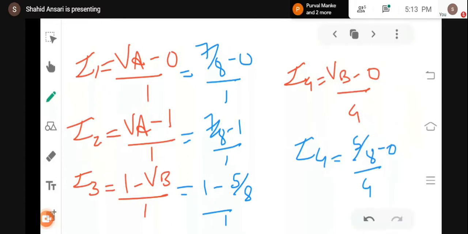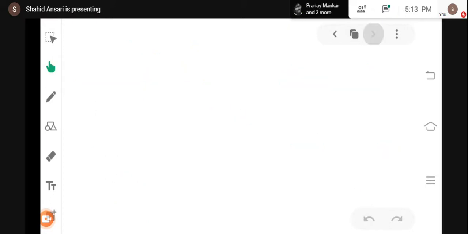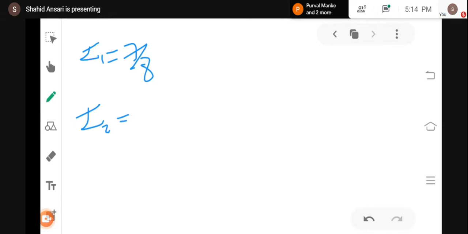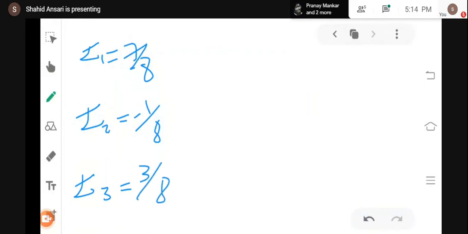I1 will simply be 7 by 8, since dividing by 1 makes no difference. I2 will be 7 by 8 minus 1, which is minus 1 by 8. I3 will be 3 by 8. And I4 is 5 upon 32.